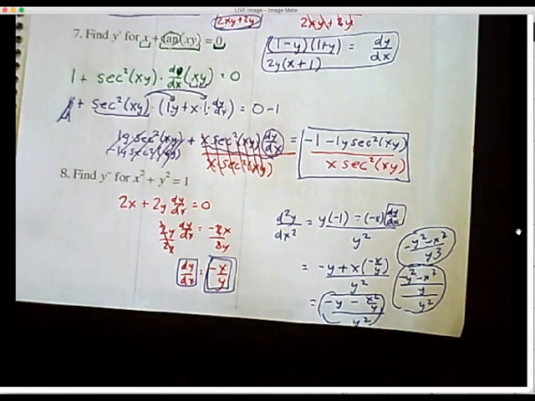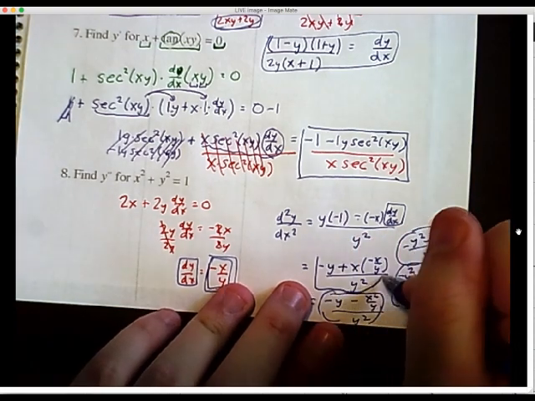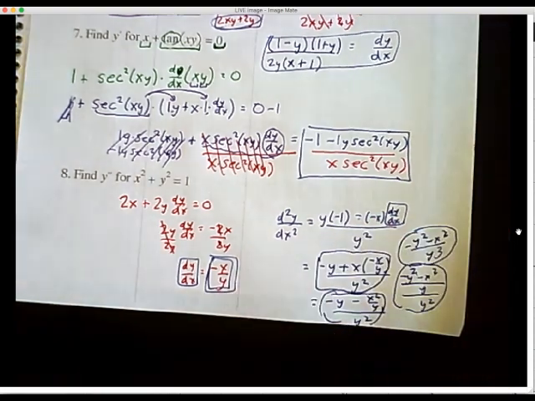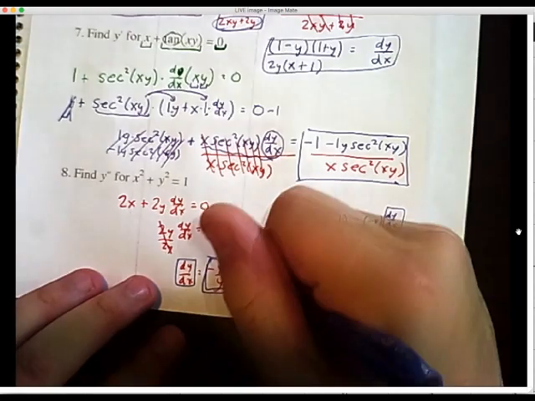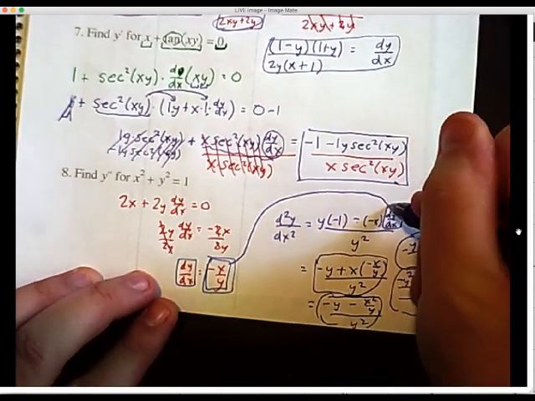Any one of those three answers would be fine. But it's also fine to leave the answer like this if you'd rather just leave it like that. I'm okay with that. So they're asking for the second derivative. That's the equation for the second derivative. Any one of these four. Just make sure you resubstitute that dy over dx in right there.